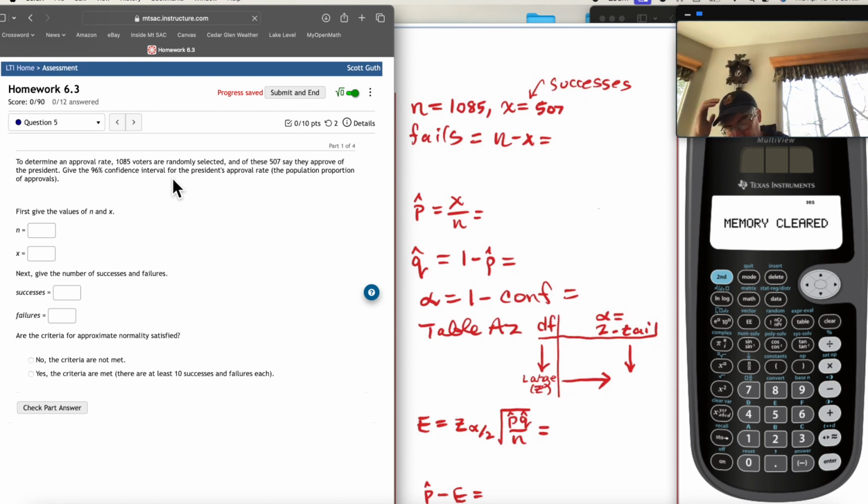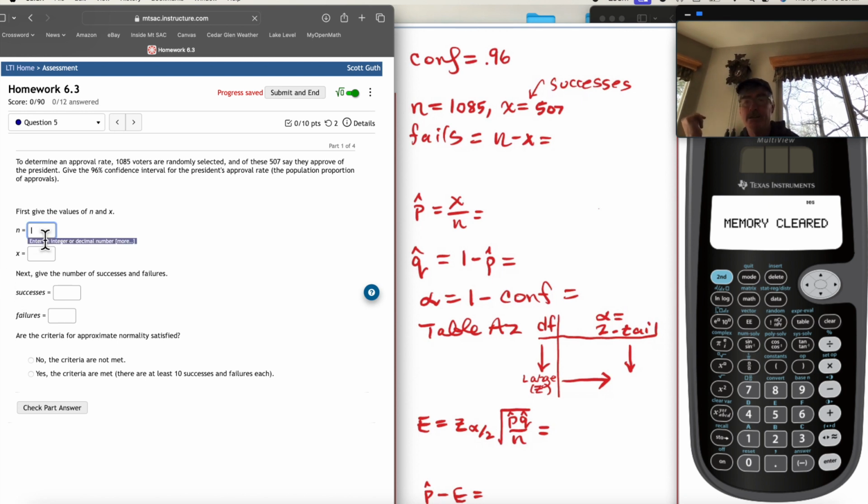So I think I'll put up on top here that my confidence level was 0.96. And confidence interval for the president's approval rate. Okay, so we can start putting in some numbers. So n was 1085. x is 507.